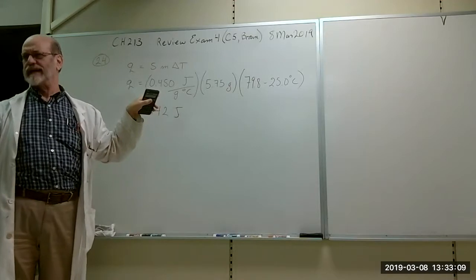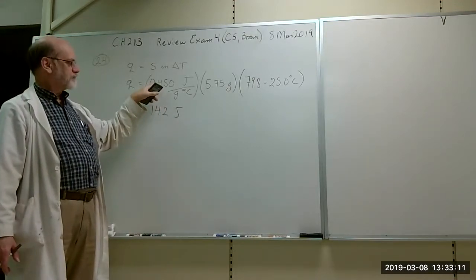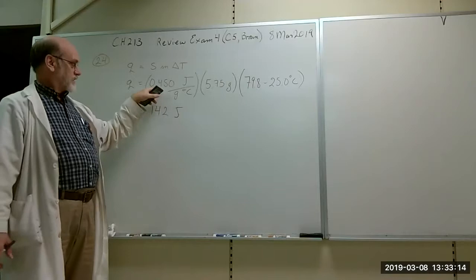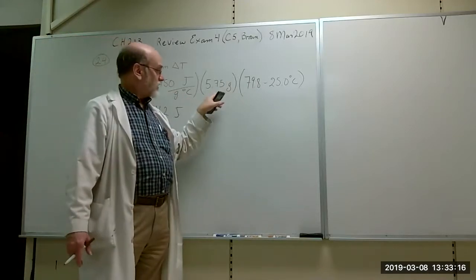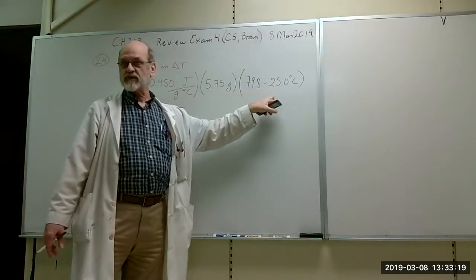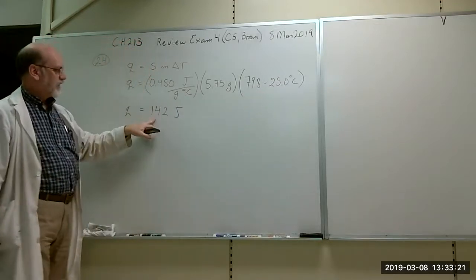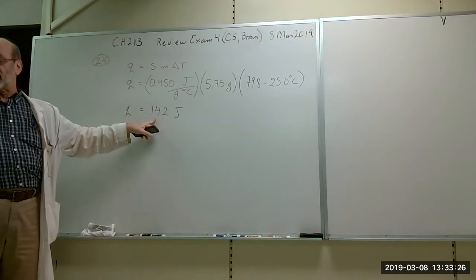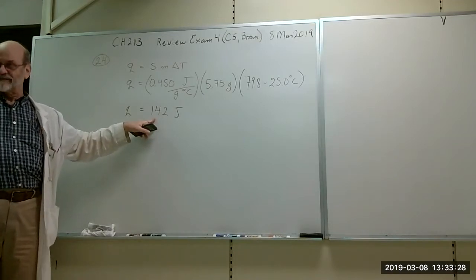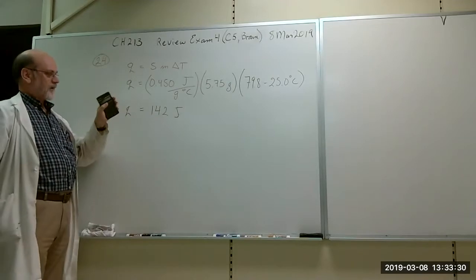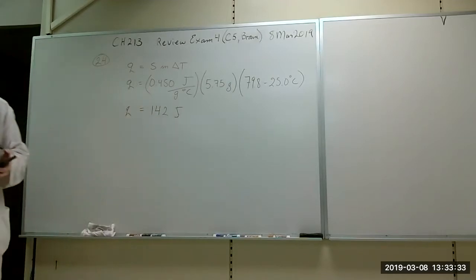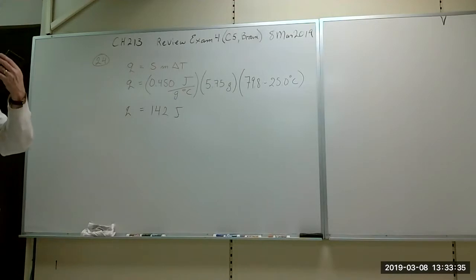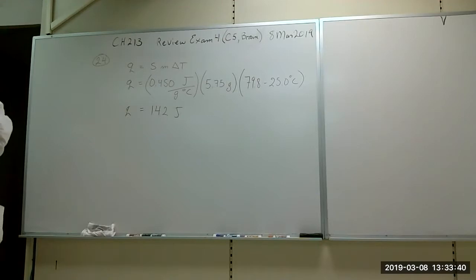I think it's 4.18. So raising that much water over that temperature span would take about 10 times as much energy as it would for iron, because the heat capacity of water is higher. That's an illustration of the significance of the specific heat of a substance. The higher the specific heat, the more energy is required to raise it a temperature range.